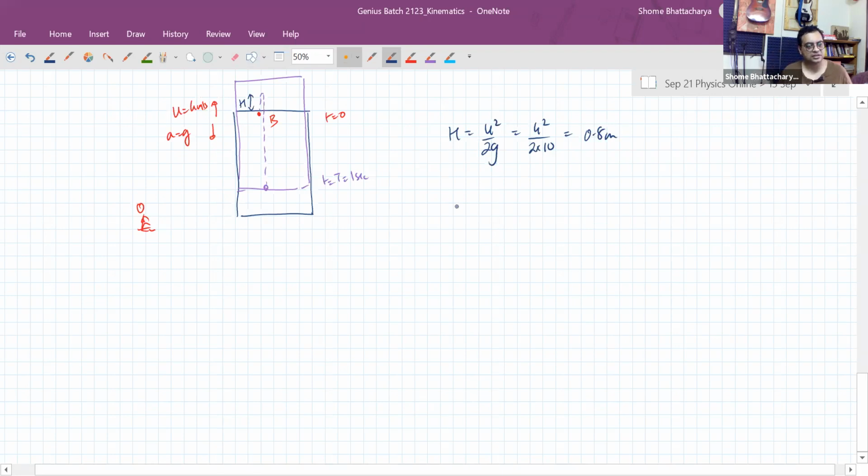So the total distance traveled will be equal to h plus h plus this. This had come out to be how much in the last part we had seen? It will come out to be 1 meter, right? It's traveling 2.6 meters.